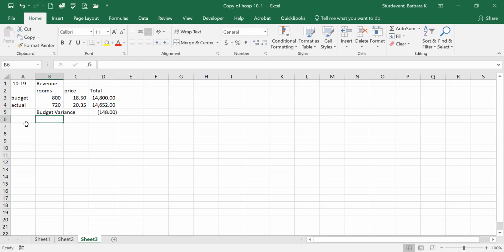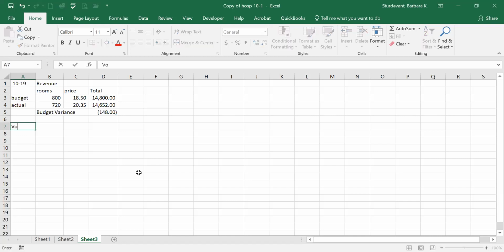And we have a budget variance of 148. So this is what you start with. Going forward to do all the variances, I've got all my numbers: budgeted volume, actual volume, budgeted price, actual price. Because they're revenue variances, I just have to throw them into the formulas.